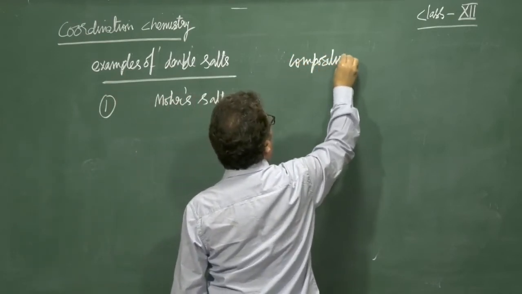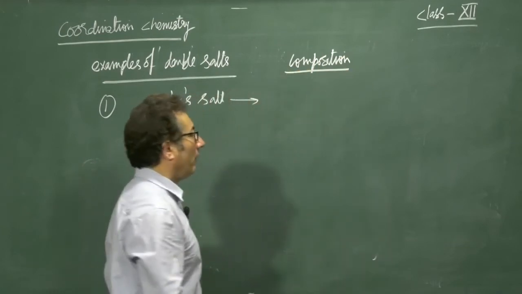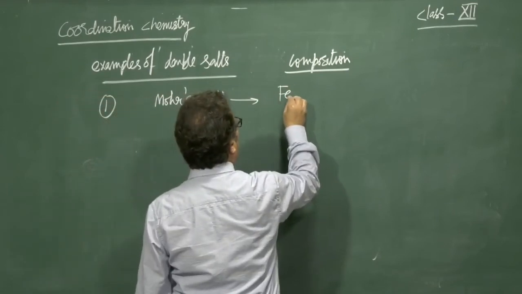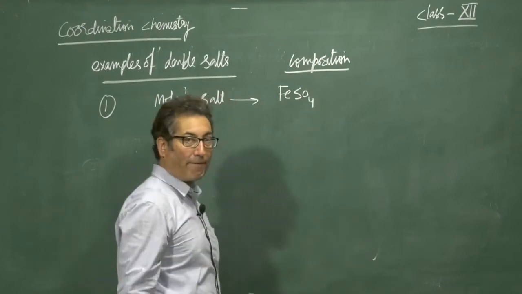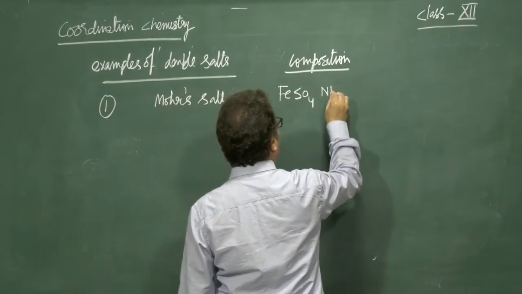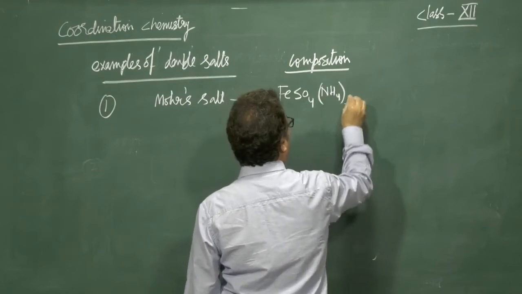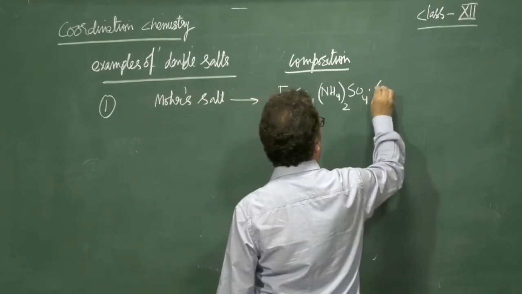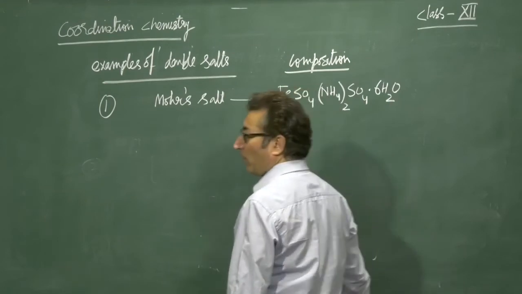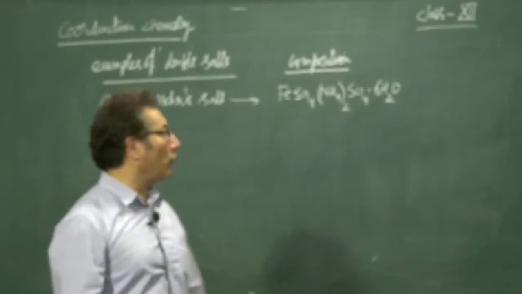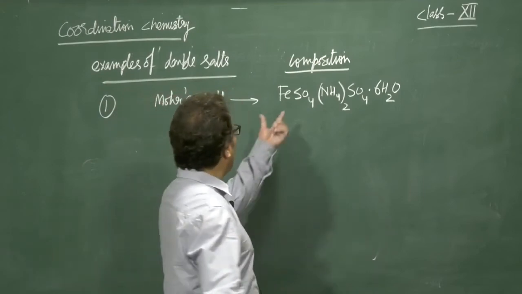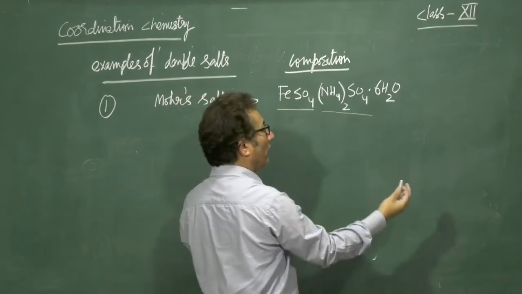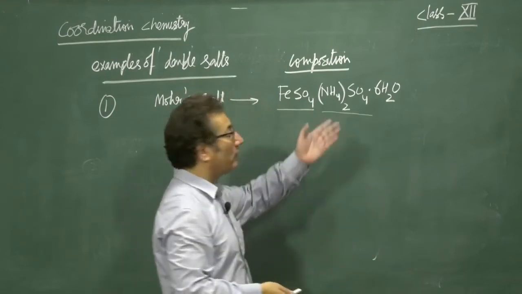Its formula contains FeSO4, which is ferrous sulfate, ammonium sulfate, and since it is a hydrated salt, it contains 6 molecules of water of crystallization. So it must be formed by crystallization of an aqueous solution of ferrous sulfate and an aqueous solution of ammonium sulfate. When you crystallize, you get a compound which contains both the salts, that's a double salt.